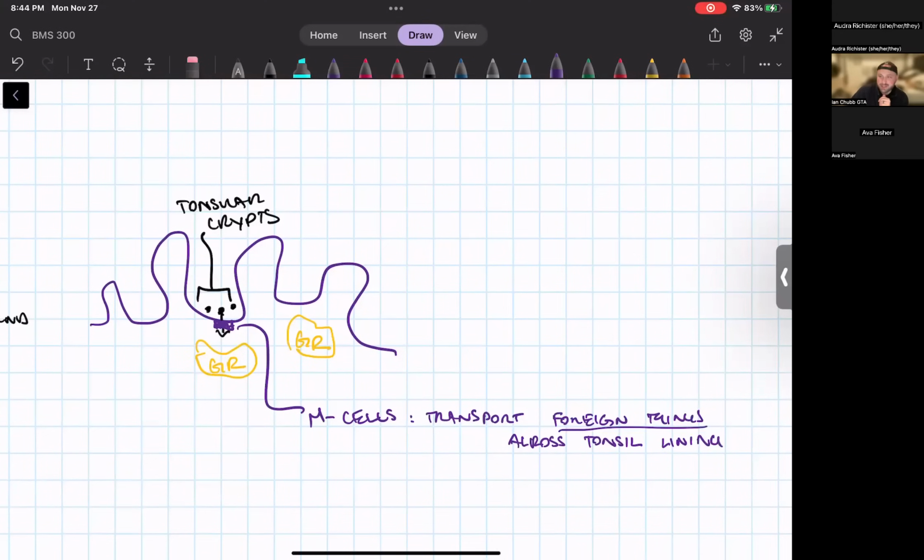So when I think foreign things, just think bacteria, fragments of bacteria, other pathogens like that. So it will actually transport it across this barrier and then put it into the germinal region. So then those macrophages and things can look at it.